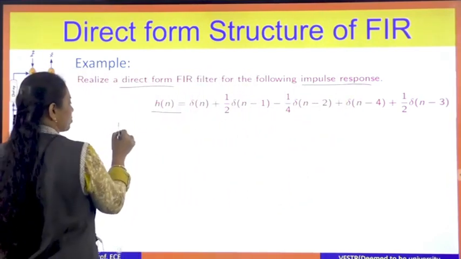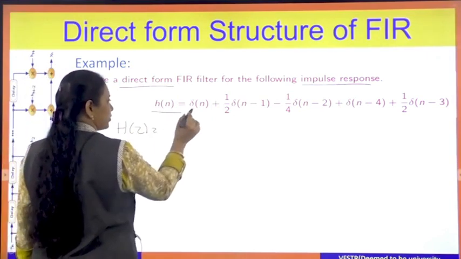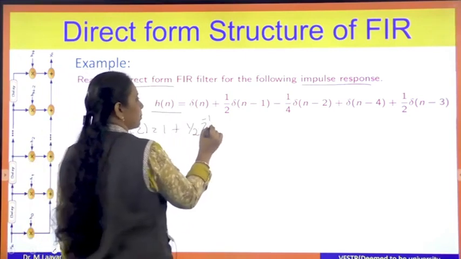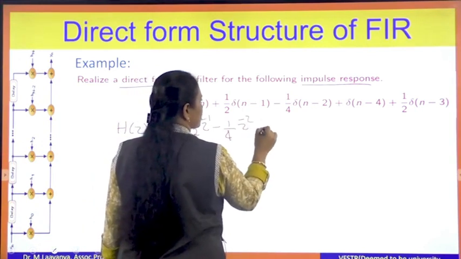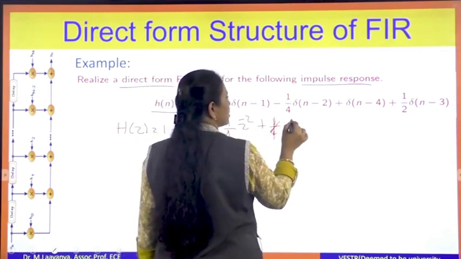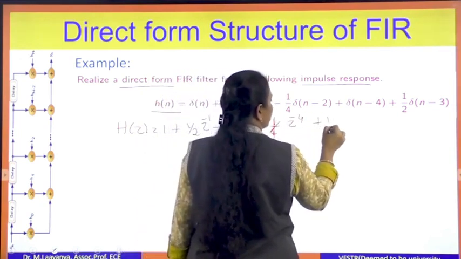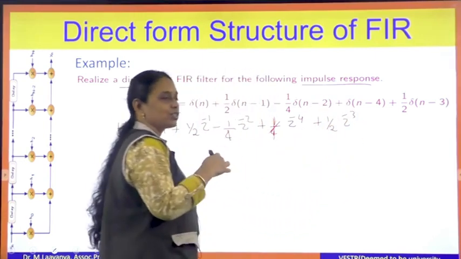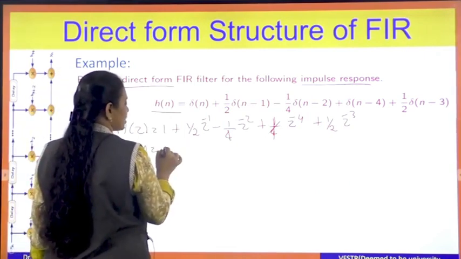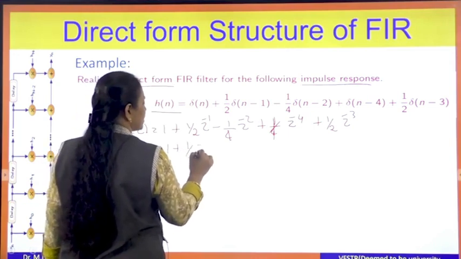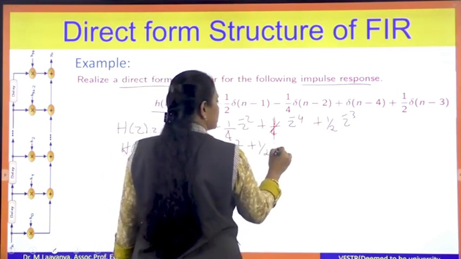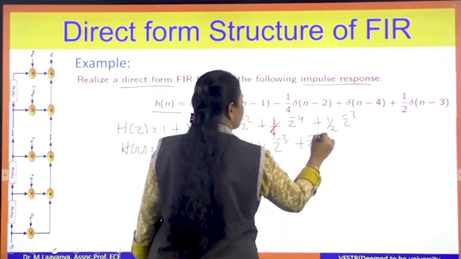So if I take the Z transform, I will have h of Z is equal to 1 plus half Z inverse minus 1 by 4 Z power minus 2 plus 1 by 2 Z power minus 3 plus Z power minus 4.